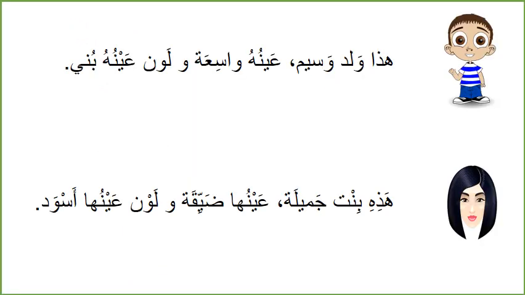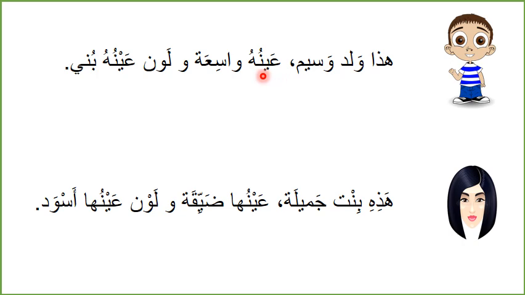And now let's describe the shape of the eyes and the color of the eyes in simple sentences in two examples, one masculine and one feminine. We start with ولد. هذا ولد وسيم, عينه واسعة, ولون عينه بني. Let's translate the sentence. هذا ولد وسيم. ما معنى وسيم؟ وسيم means handsome, ممتاز.